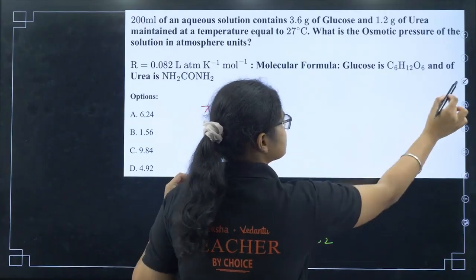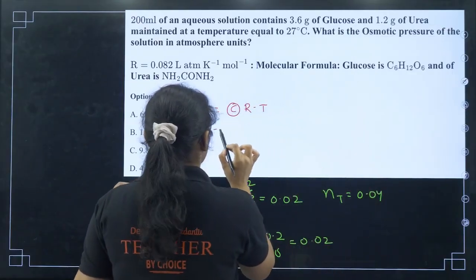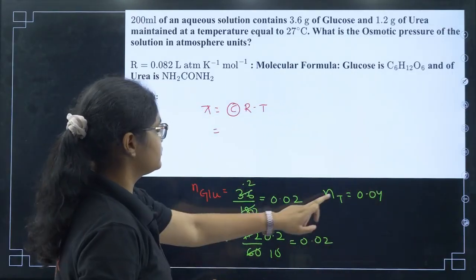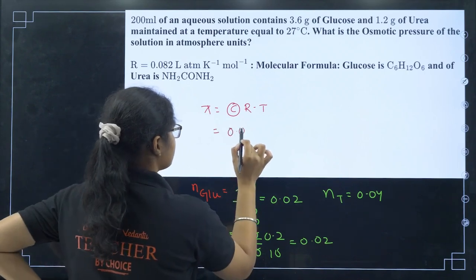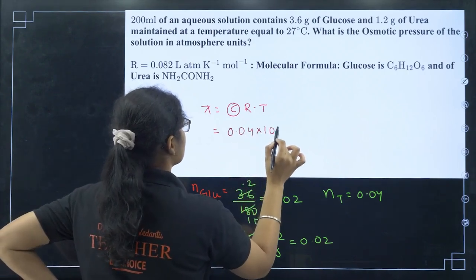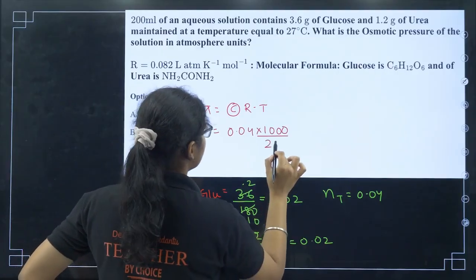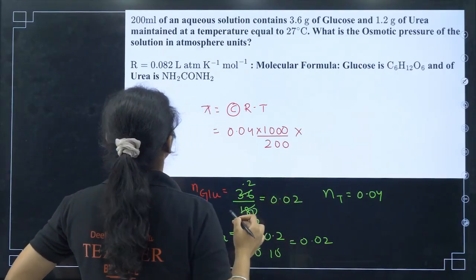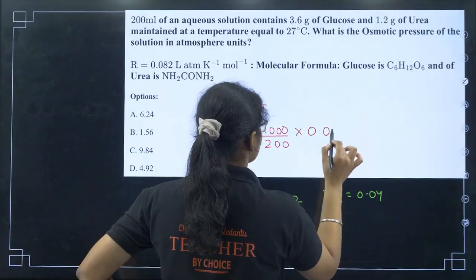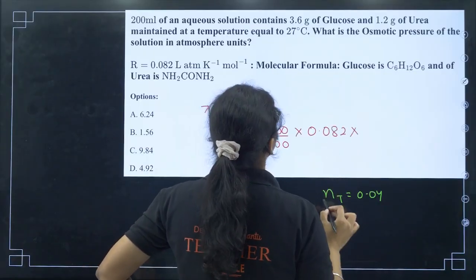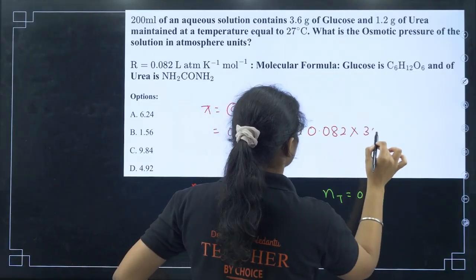Okay, so now let us write down the formula. What is the number of moles? 0.04, into 1000 by what is the total volume given? Total volume is 200 into R value is how much? 0.082, and what is the temperature? 300.